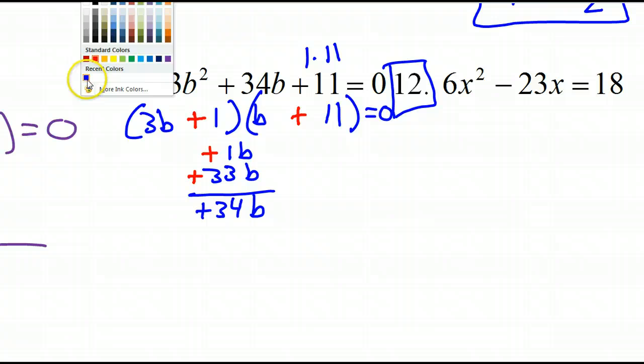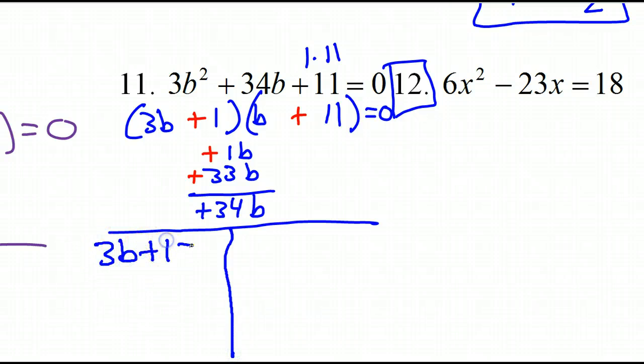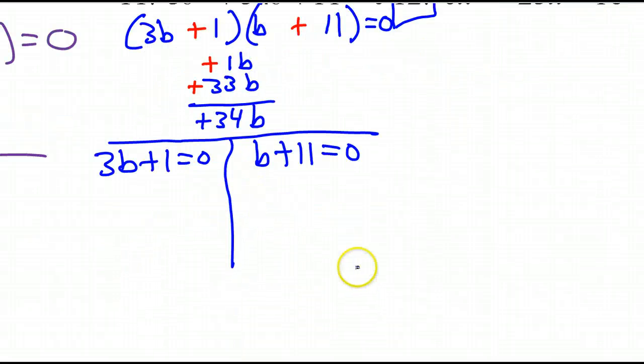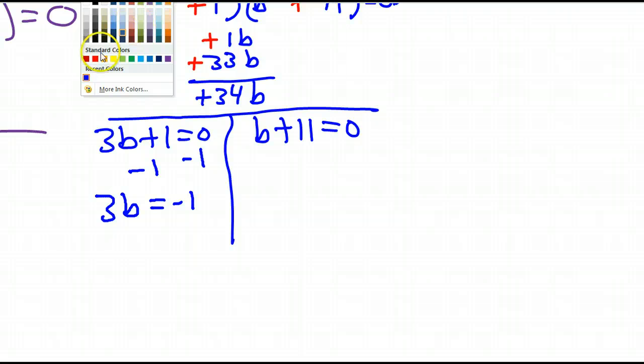So let's go ahead and do the zero product property like you do. So 3b plus 1 equals 0, and b plus 11 equals 0. Okay, we'll keep going. If I subtract 1 from both sides, that's going to give me 3b equals negative 1.